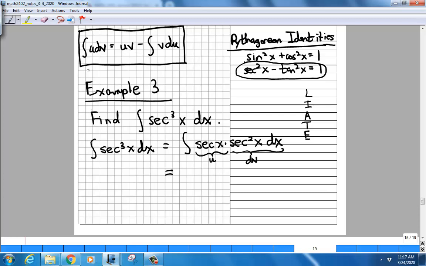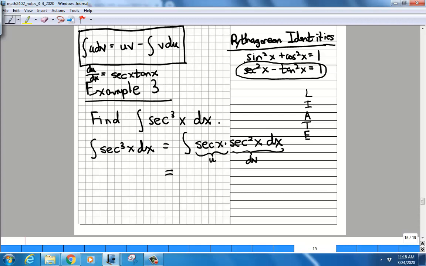So let's do that up here. What is du going to be if u is secant x? So let's calculate the derivative of u. I'm going to compute du dx. Remember, u is secant x, and we have to recall what the derivative of secant x is. If you will recall, that is secant x tangent x.